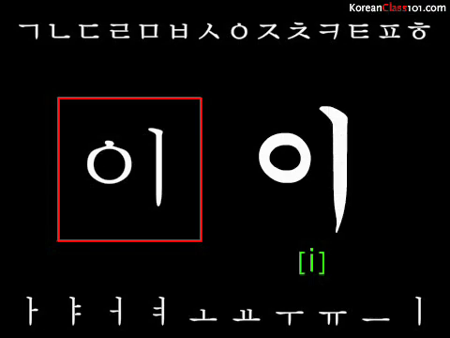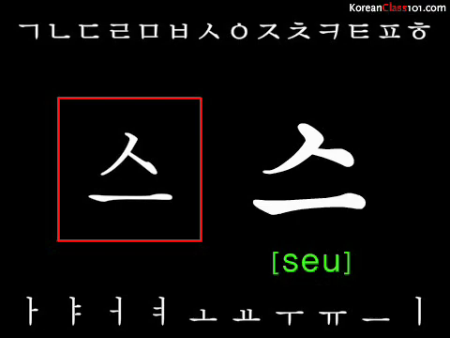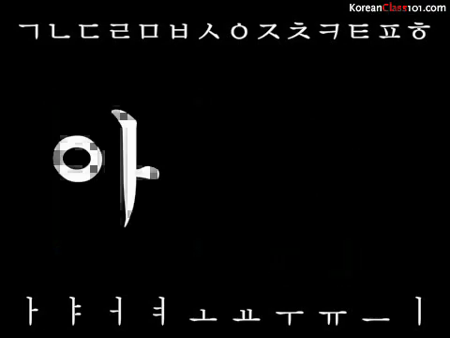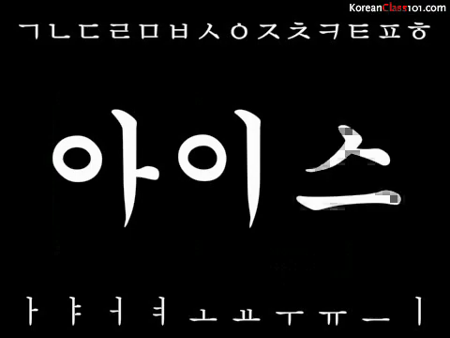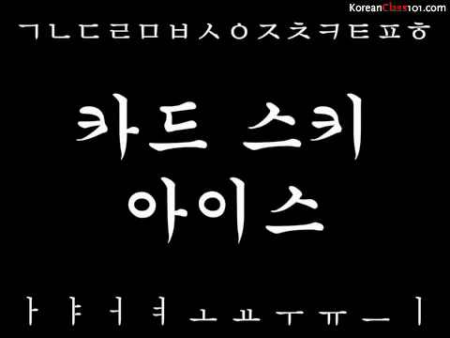And lastly, we have the consonant 시옷 and 으. And we did this before, didn't we? In the word ski. So here it's the same sound, 스. Put these all together and we get 아, 이, 스. And the English word is ice.